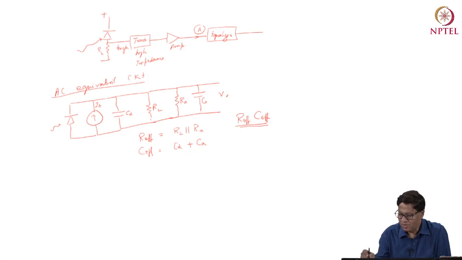So at the output you get rather clean pulses, or the replica of the input. This is how the whole receiver circuit will behave.